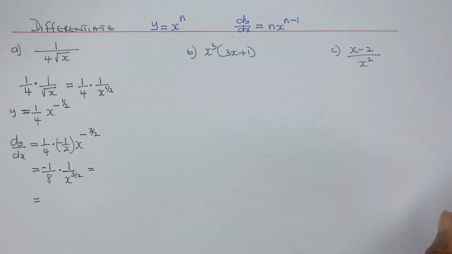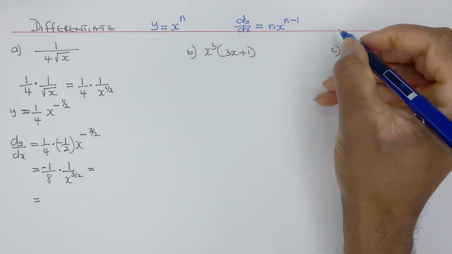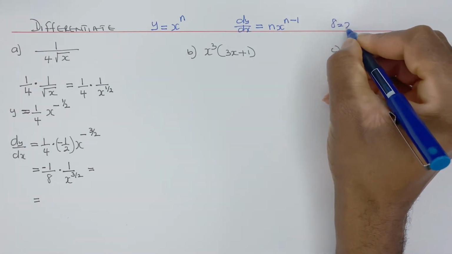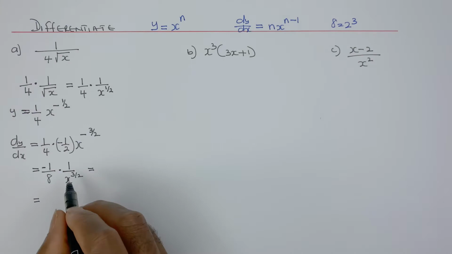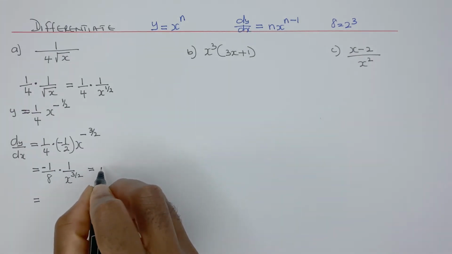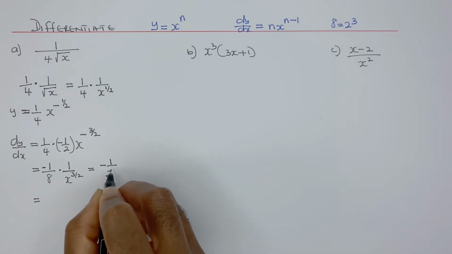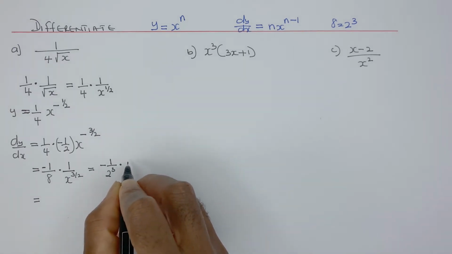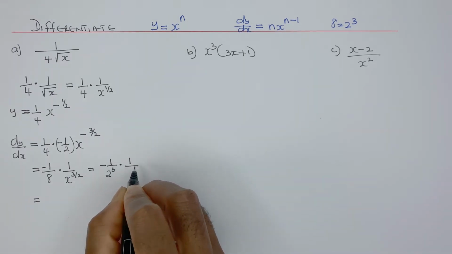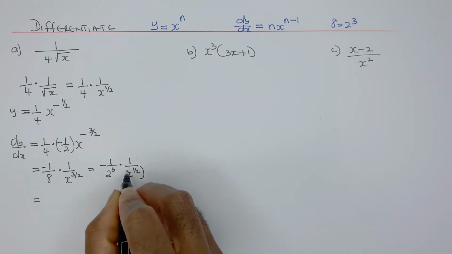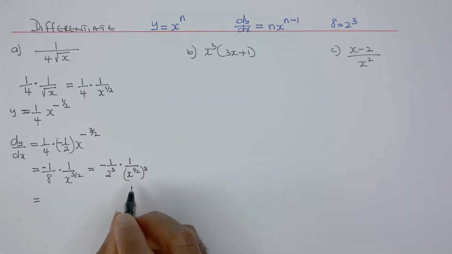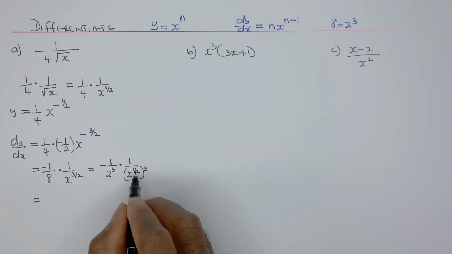So 8 can also be written as 2 to the power of 3. And I can see a power of 3 here. So I could write this as minus 1 over 2 to the power of 3 times 1 over x to the power of a half, all to the power of 3. Now, a power of a half is a root.